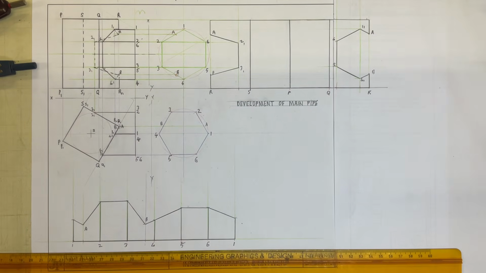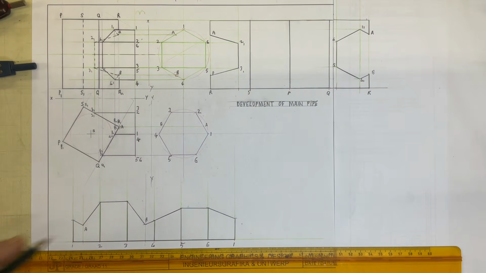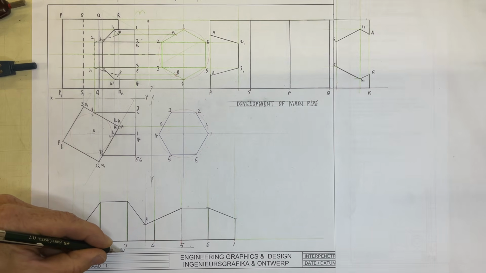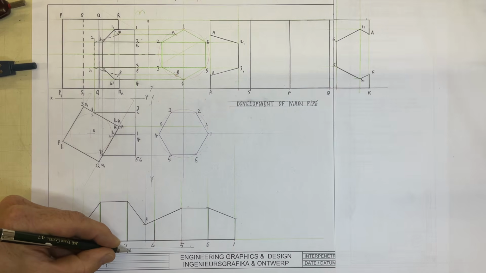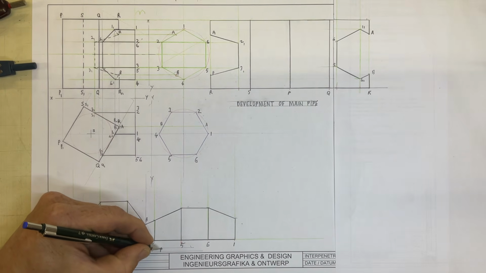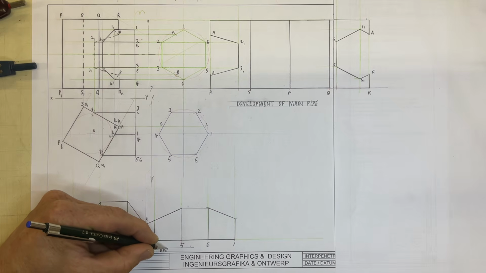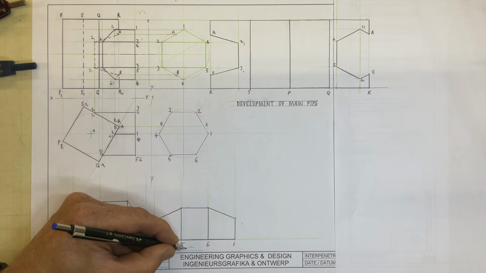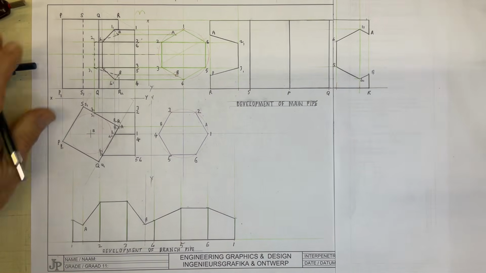And this one over here, draw some construction lines first, and we write in development of branch pipe. There we go. There's your drawing done.